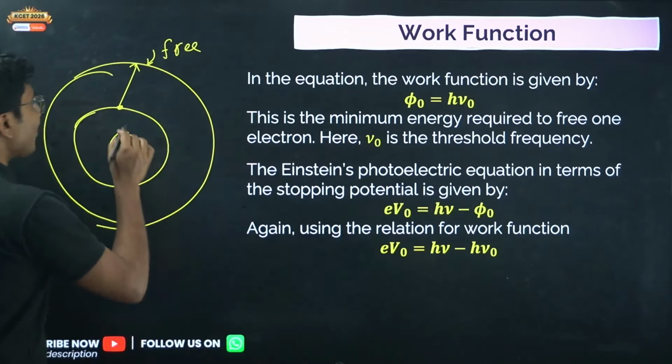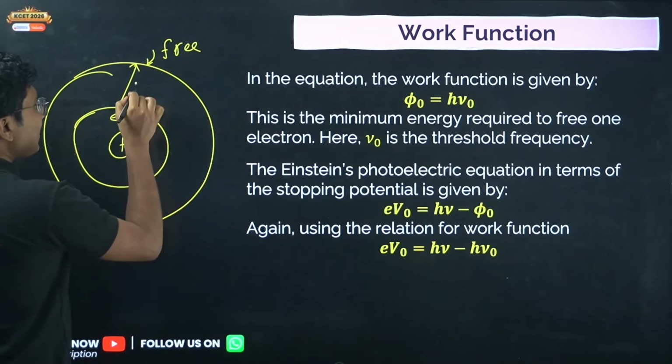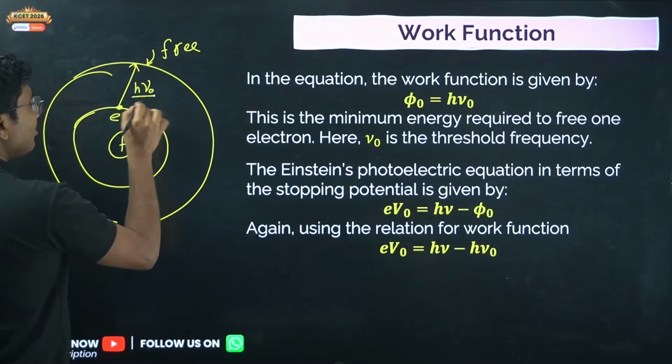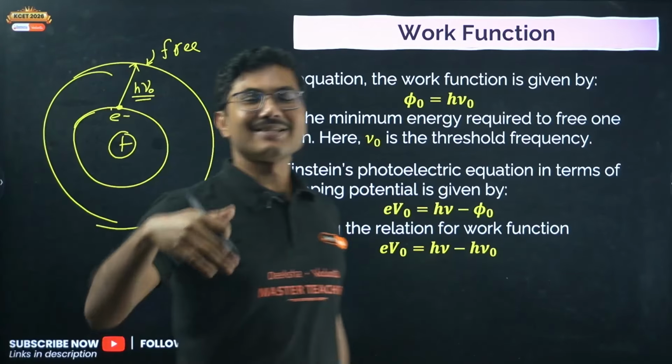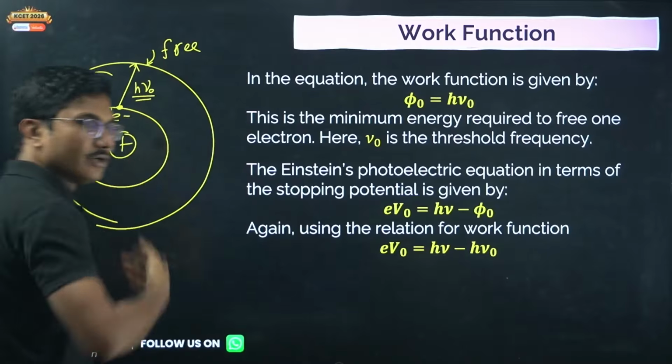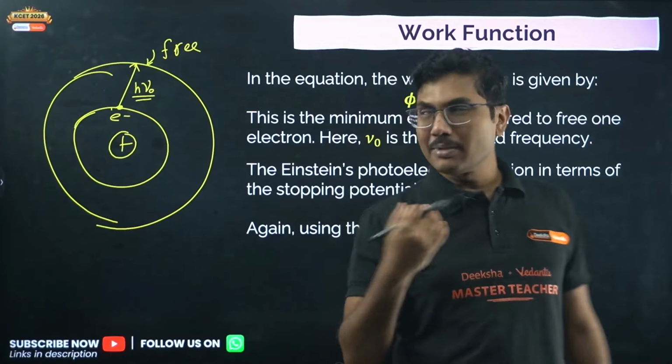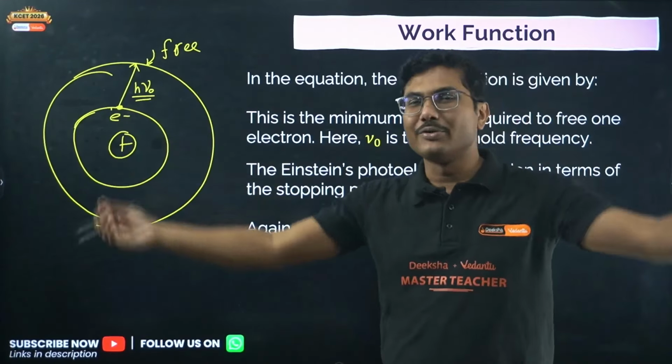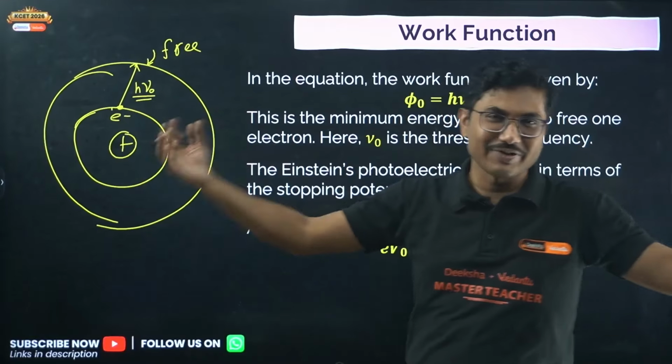So the electron requires a minimum amount of energy to become free. Any extra energy given to it becomes the kinetic energy of the electron. But if the energy is the minimum, h nu naught, it will just come out and say I am free, right?